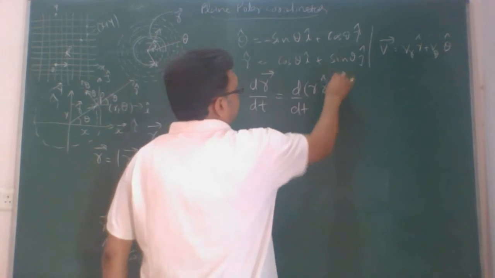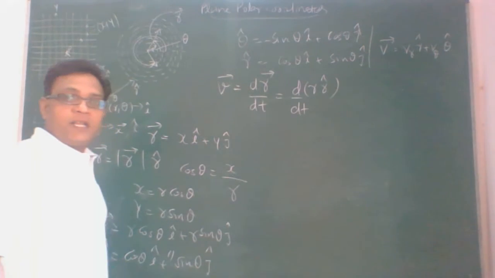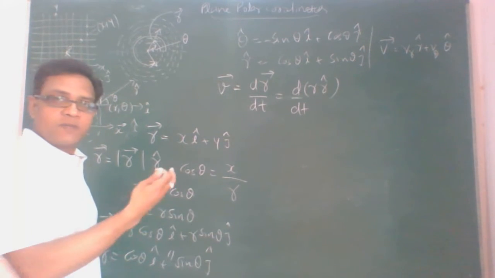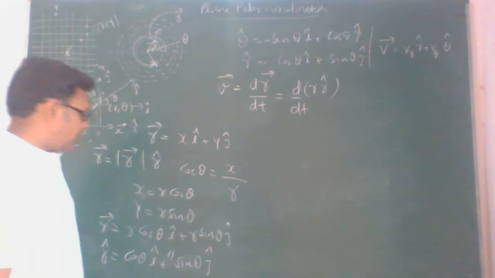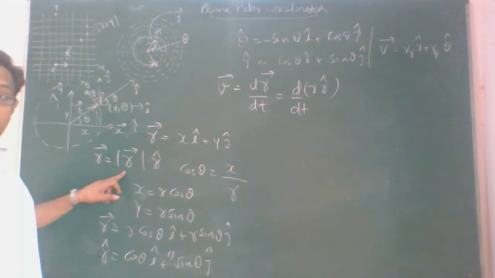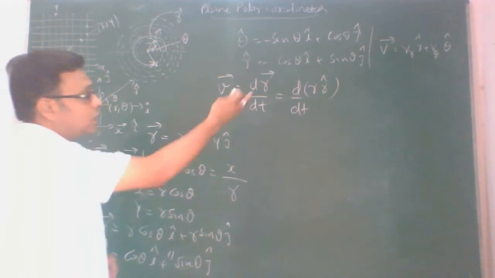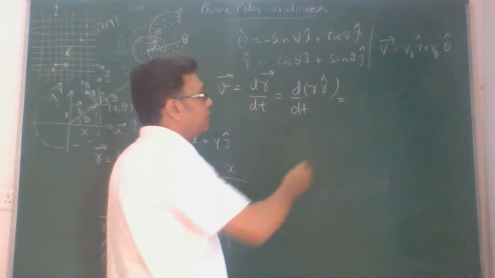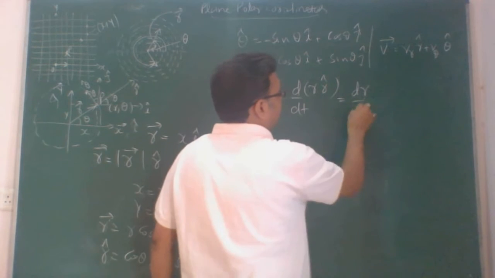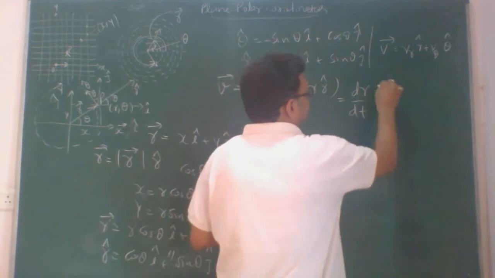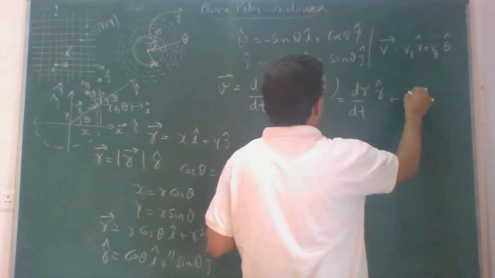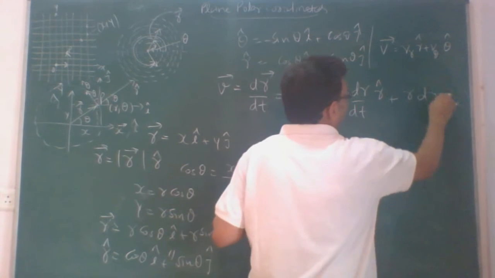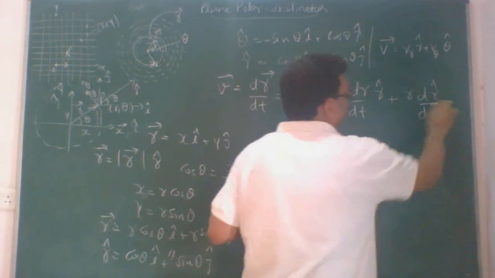I know that the radius vector is written in terms of its magnitude and direction this way. We have already seen it here. So now let me just go on with differentiation. So I have it for r cap, and again I have it for r.